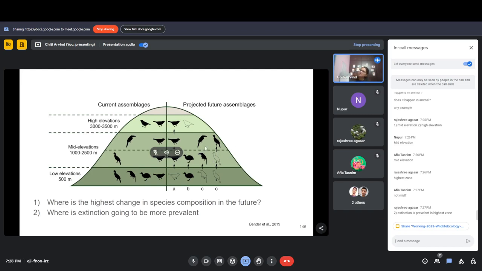Actually 5 species are present, because there are 2 that are the same species that moved up, and in the highest elevation you see 1 species has gone extinct and this 1 species has moved up, right? It was already here in the first place, but yeah, it has gone extinct from the lowest layer.